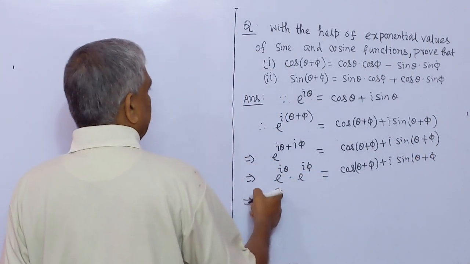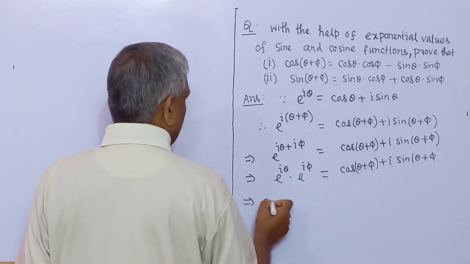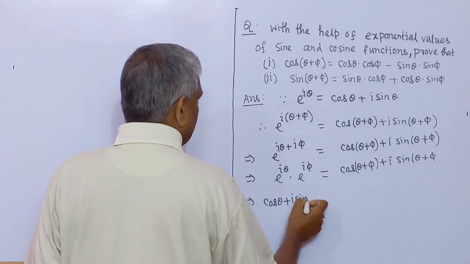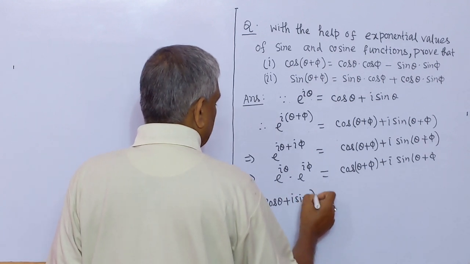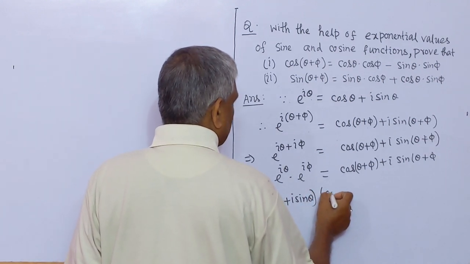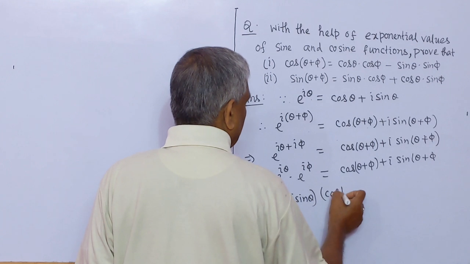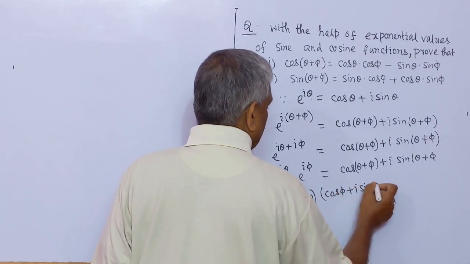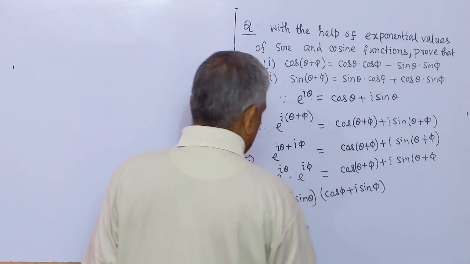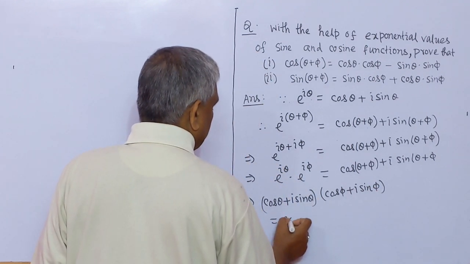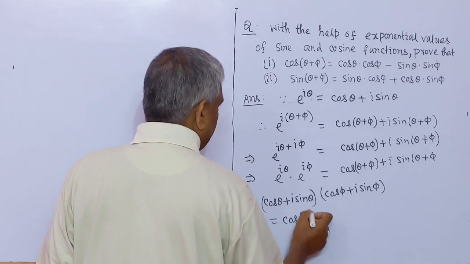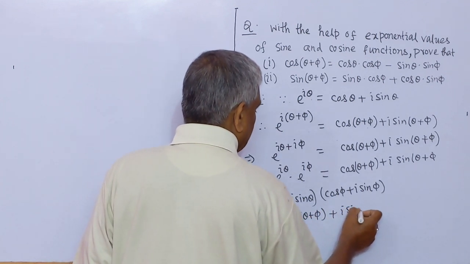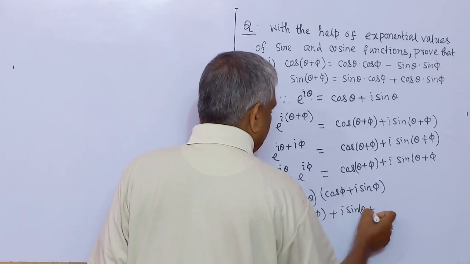Implies that e to the power I theta is cos theta plus I sin theta. E to the power I phi is cos phi plus I sin phi, and right side is same, cos theta plus phi plus I sin theta plus phi.